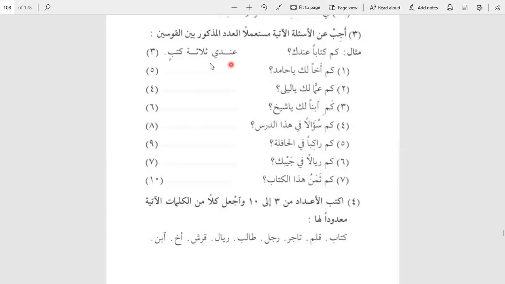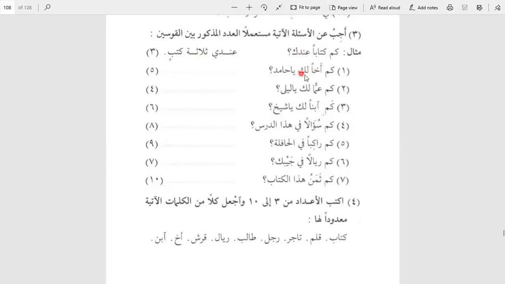If I ask you how many books do you have, I cannot say kam kitaban laka. I say kam kitaban indaka. Indaka is used for non-humans.